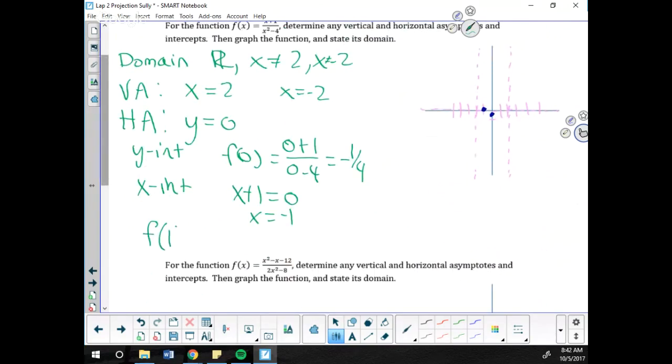So f of 1 is equal to 1 plus 1 over 1 squared minus 4. That gets us 2 over -3, so -2/3. And that is less than our -1/4 value, so somewhere in there, right?